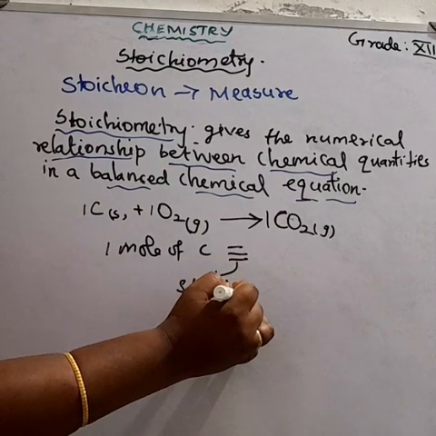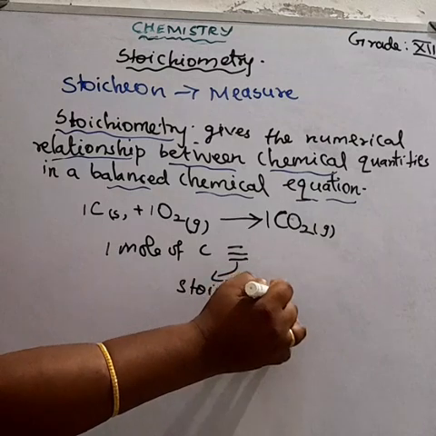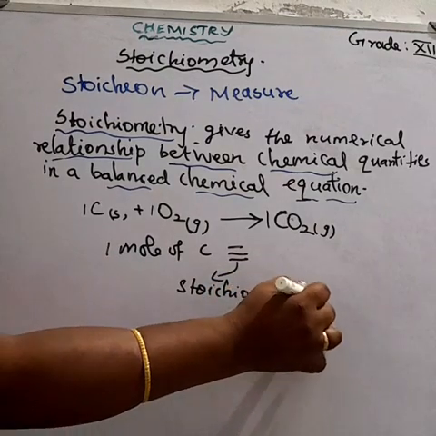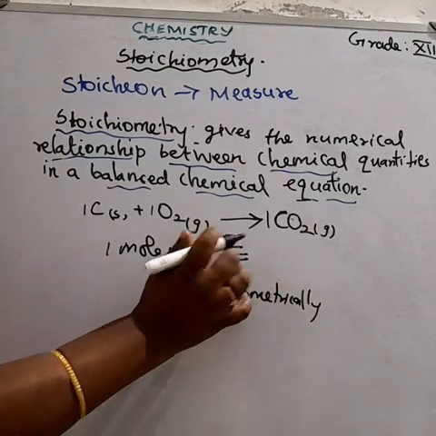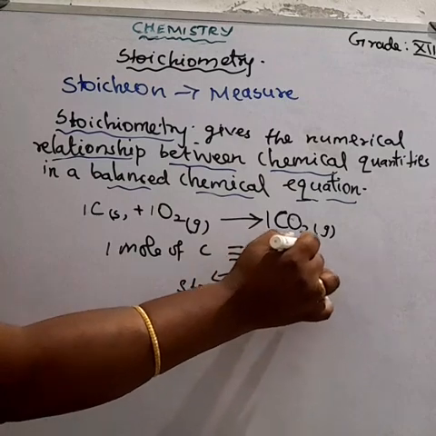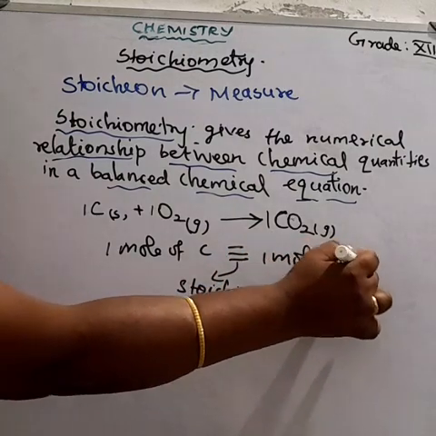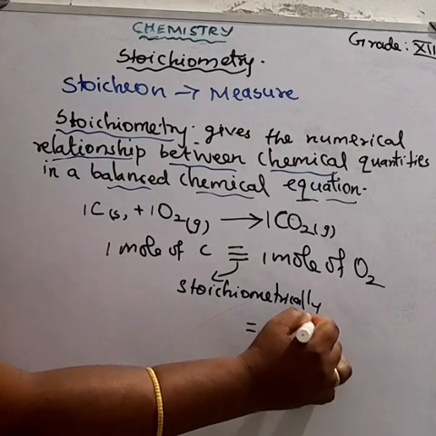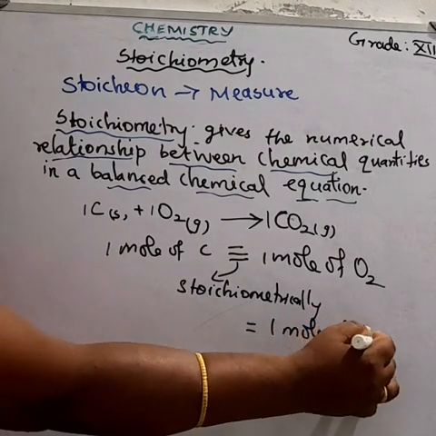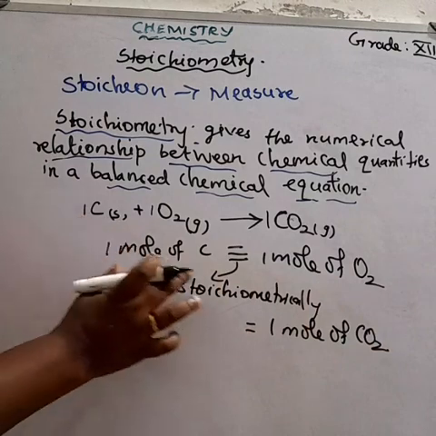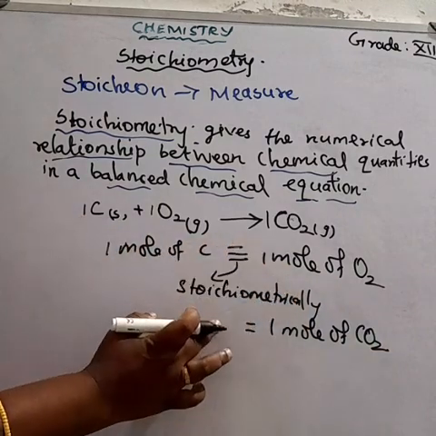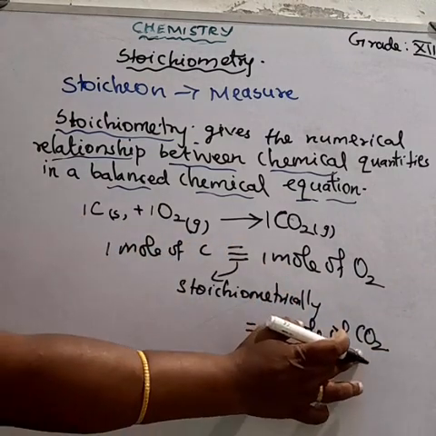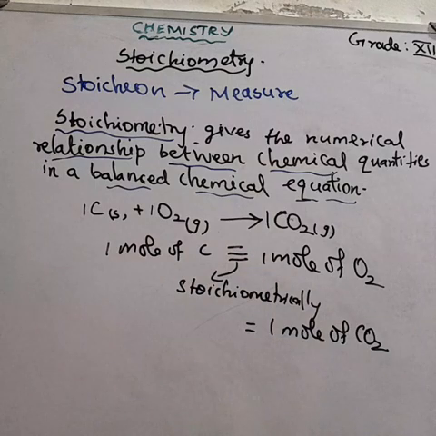So 1 mole of carbon combines with 1 mole of oxygen to produce 1 mole of carbon dioxide. This is about stoichiometry.